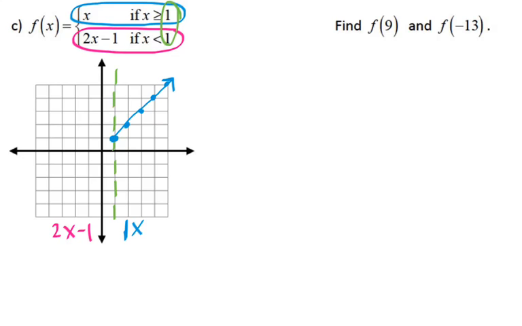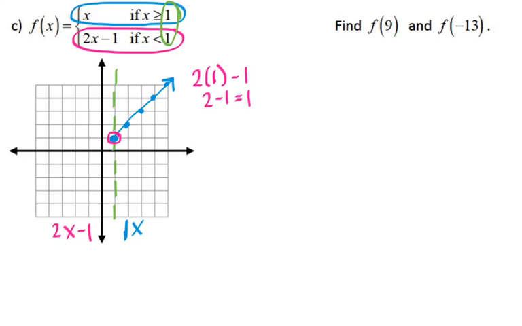For my pink one, again, I need to see where I'm going to land on that boundary. So I'm going to plug in my boundary for x. That gives me 2 times 1 minus 1. Well, 2 times 1 is 2, minus 1 is 1. And this is for x is less than 1, so it's going to be an open circle. So on my boundary, open circle at 1, and it looks weird since we've already graphed the blue one, but just bear with me.